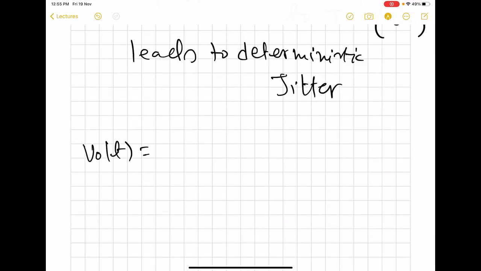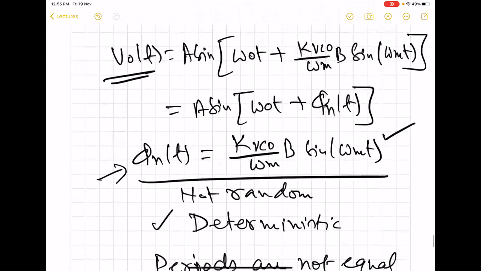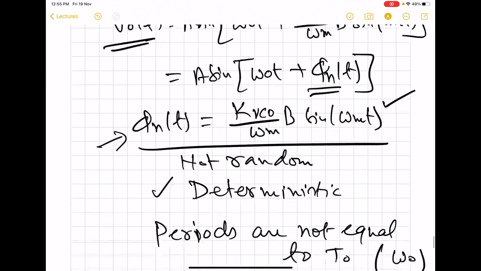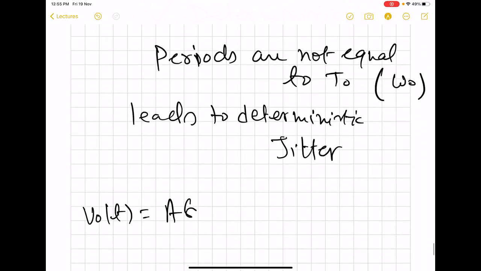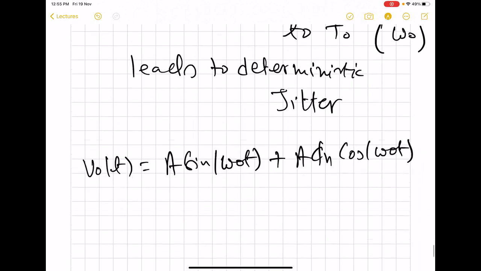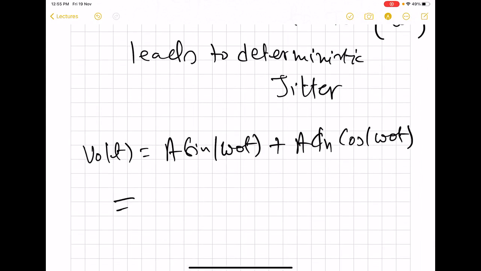If we expand this, we are going to get the form which we have already derived for this case, and for that case we found it was sine omega naught t plus phi n cos omega naught t. So this is what we had got when we carried out the derivation for small, of course, small phi n.